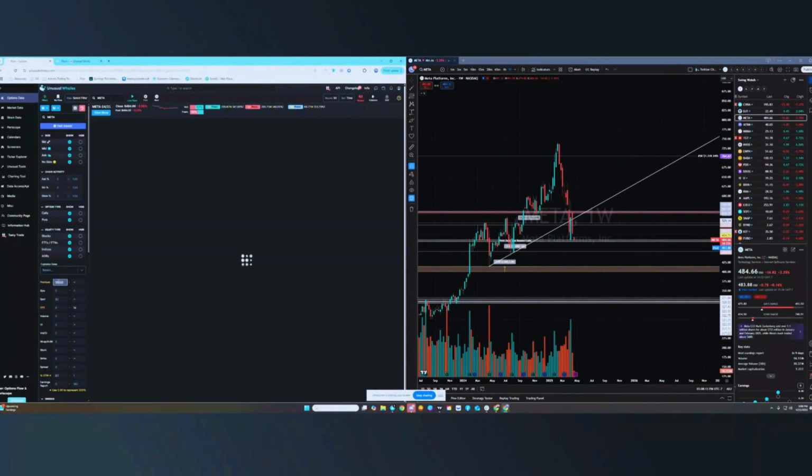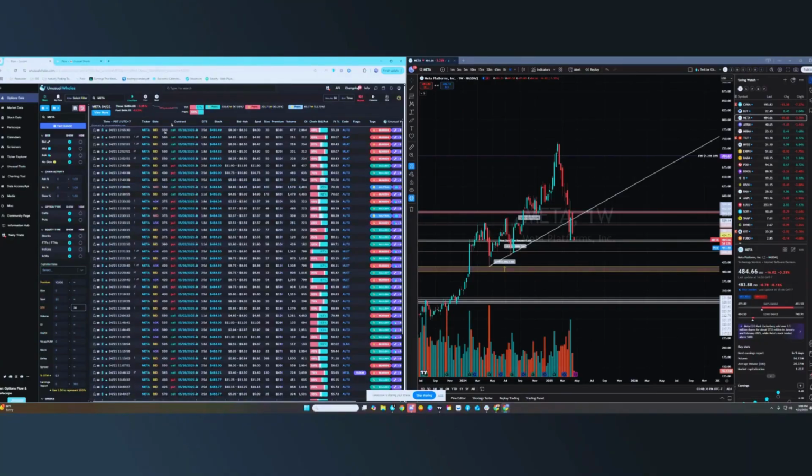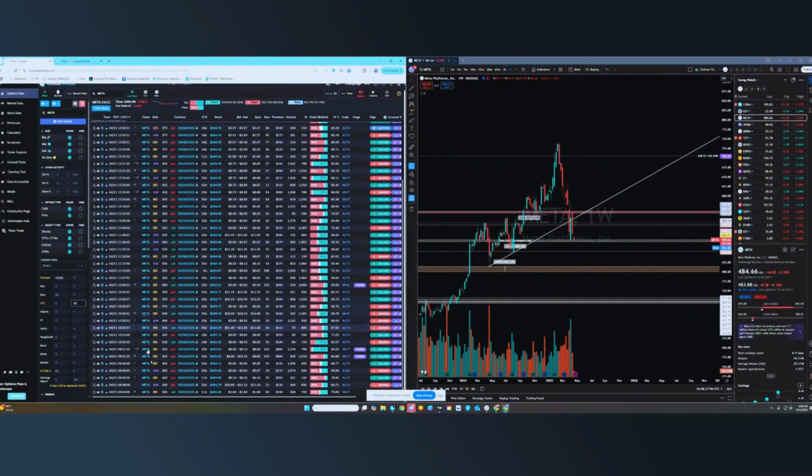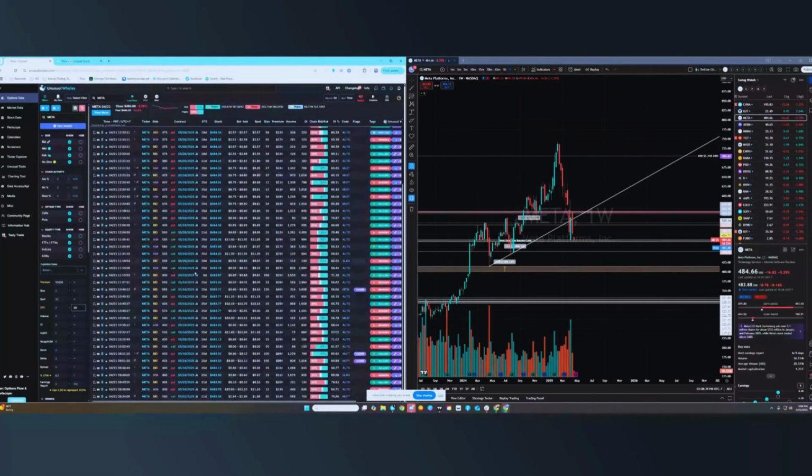On a stock like this, you pretty much want to start with a minimum of 10K. We'll even go 30 days out. Normally that's what I would start with, just seeing what the overall flow looks like from today.